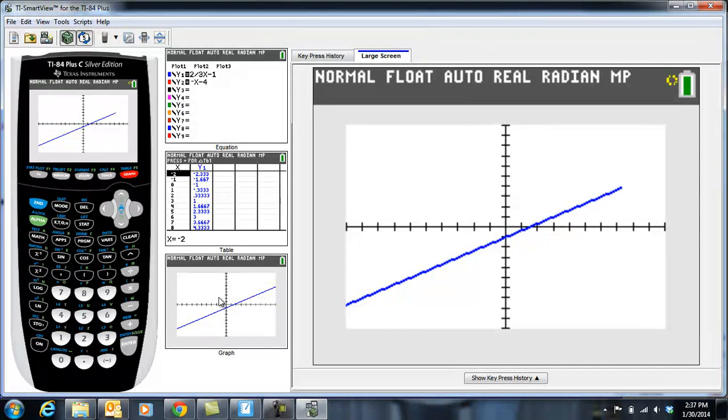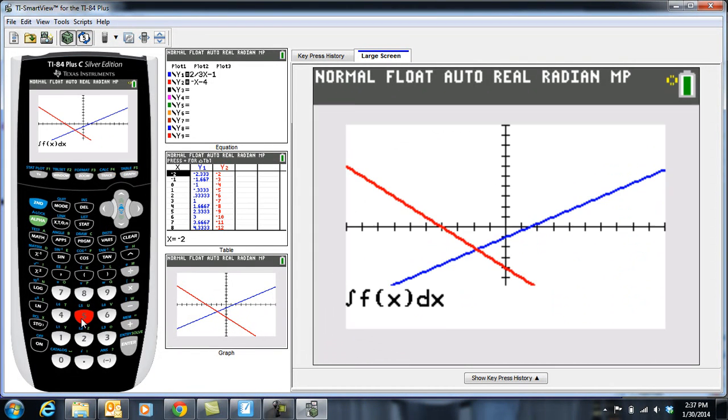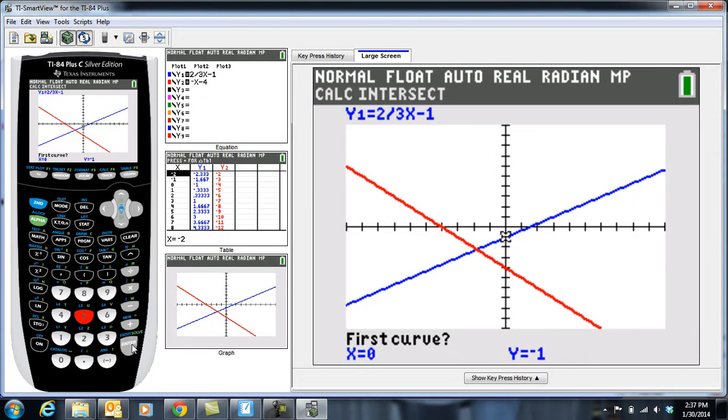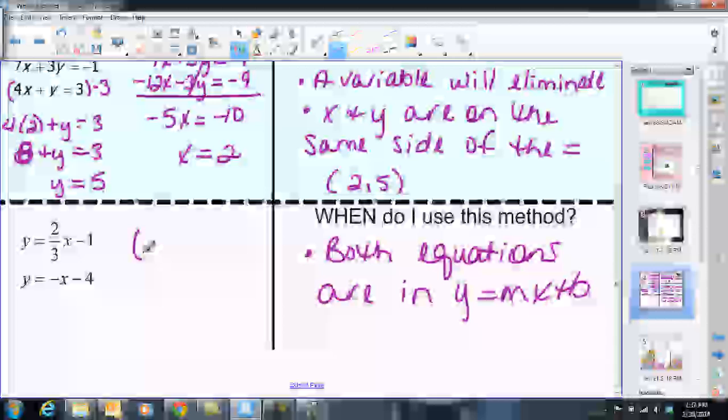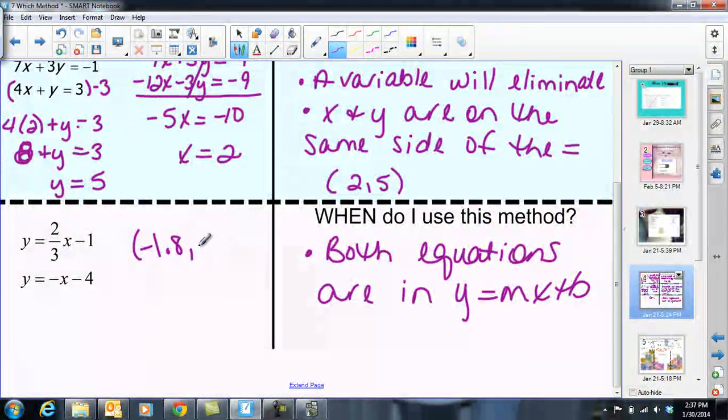So I'll have it draw the two lines on the calculator for me. And I want to find where they intersect. So I'm going to press second trace, option 5 for intersection, and then I'm going to hit enter 3 times. 1, 2, 3. So my intersection for those two lines is at that point, negative 1.8 and negative 2.2. So my solution to this is negative 1.8 comma negative 2.2.